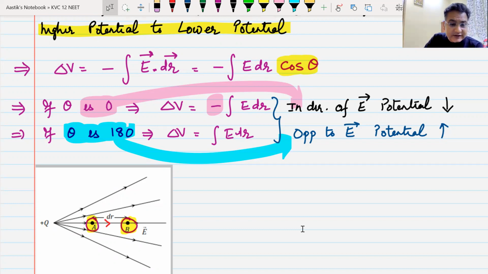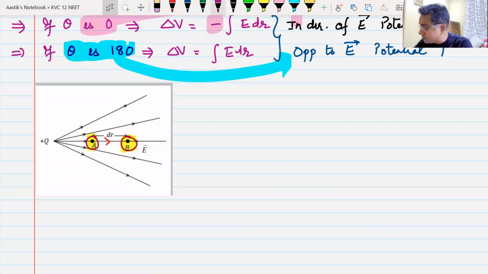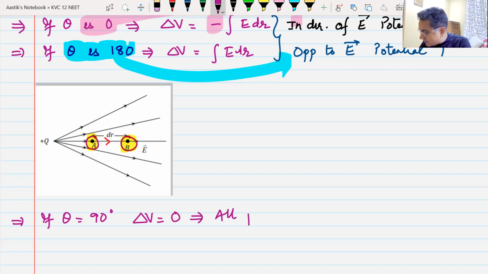We can write that as a third point. If theta is 90 degrees, the potential difference becomes 0. That means all points are at the same potential.